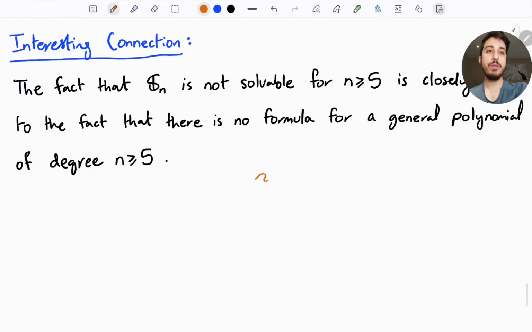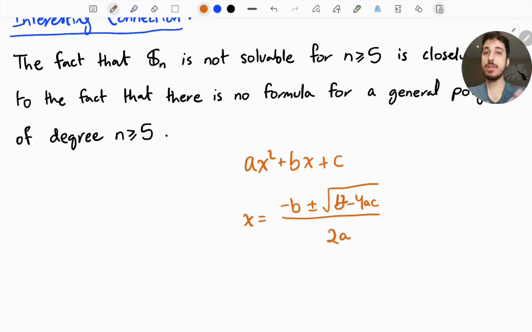What about degree 2 polynomials, ax squared plus bx plus c? We want to know the roots of this polynomial, and to do that we have the quadratic formula. We have obtained this formula using nothing but elementary operations: plus, minus, multiplication, division, squaring, and taking the square root.